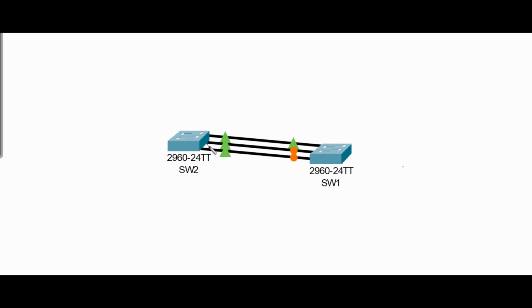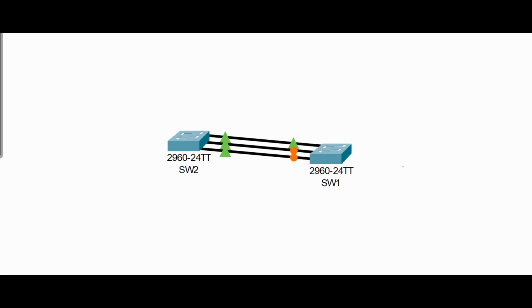So if you configure this side as passive and the other side as passive, most likely the EtherChannel will not happen. With LACP, you use either active and active, or active and passive.